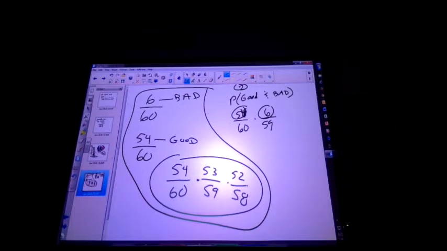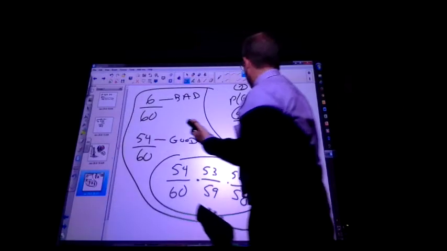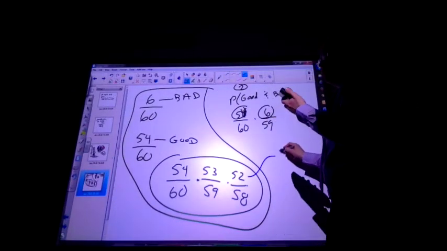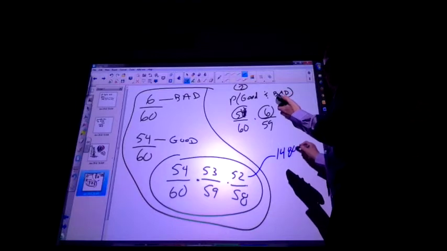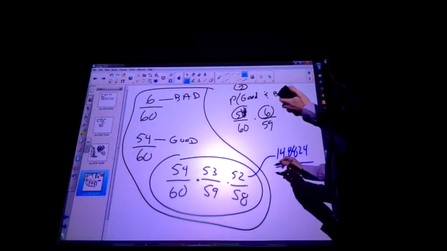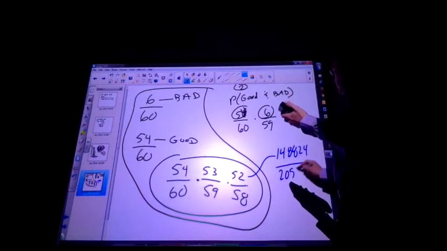Can I borrow your calculator real quick? Just because I can't multiply. Over 205,320.